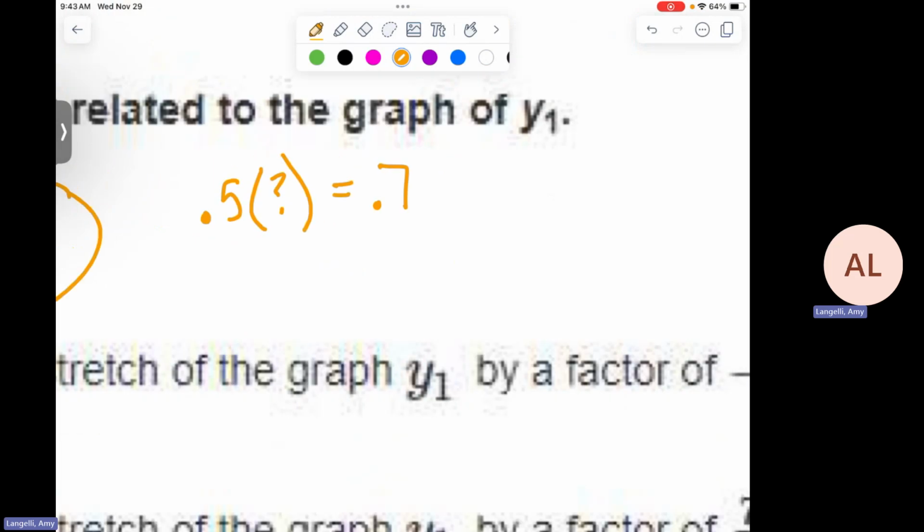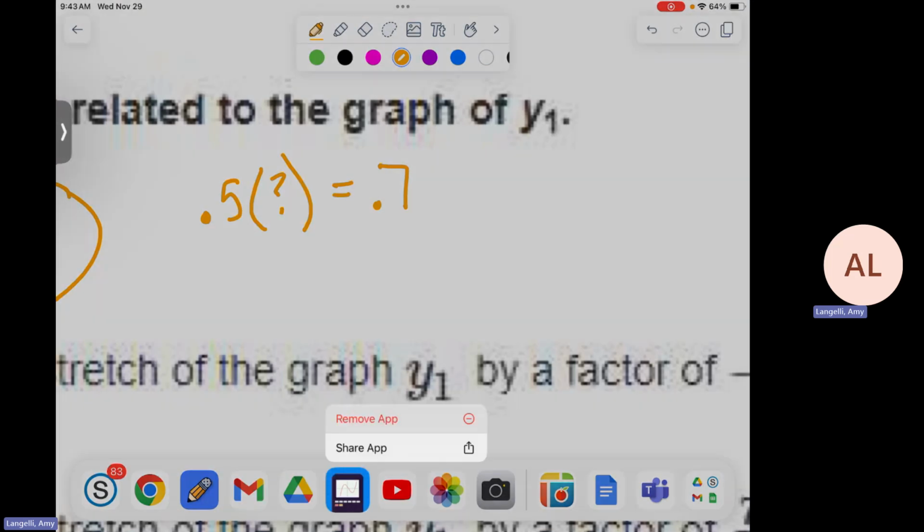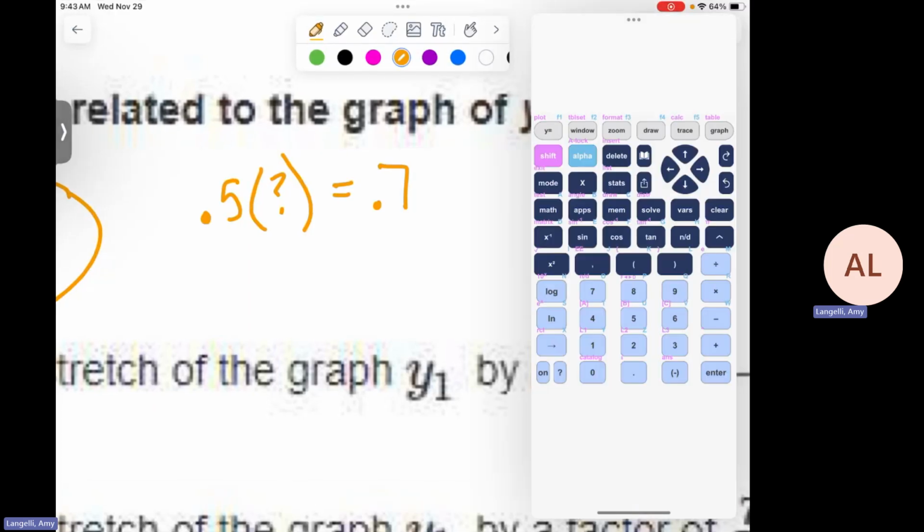Yeah, let's find out. 0.7 divided by 0.5. Good. 1.4. Yes, very good. Oh yeah, that does make sense. Half of it, huh? That's 7/5.